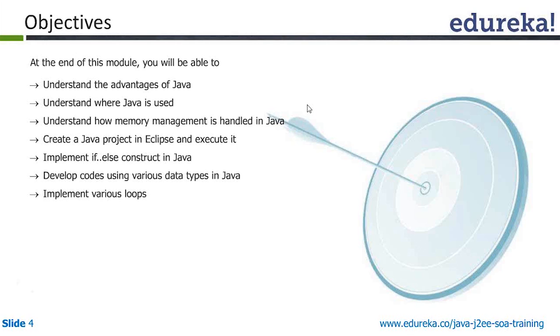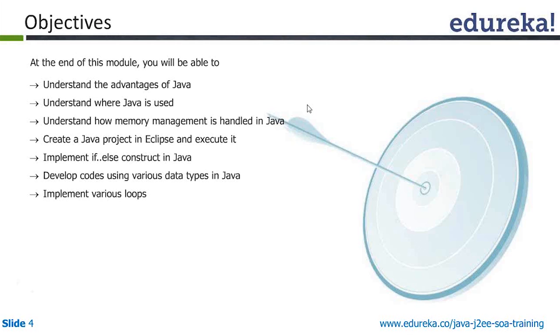We will give you a short introduction to Eclipse. Eclipse is an integrated development environment, and it's very popular when it comes to Java because it's open source and widely used in the industry.